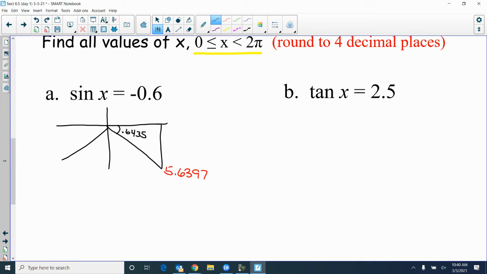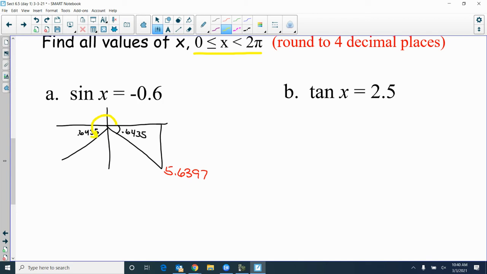All right, do you know how to find the answer from here, Kevin? No. All right, Libby? Serenity: pi plus 0.6435. Okay, yes. 0.6435 is going to be your reference angle, and we are looking for this angle here.